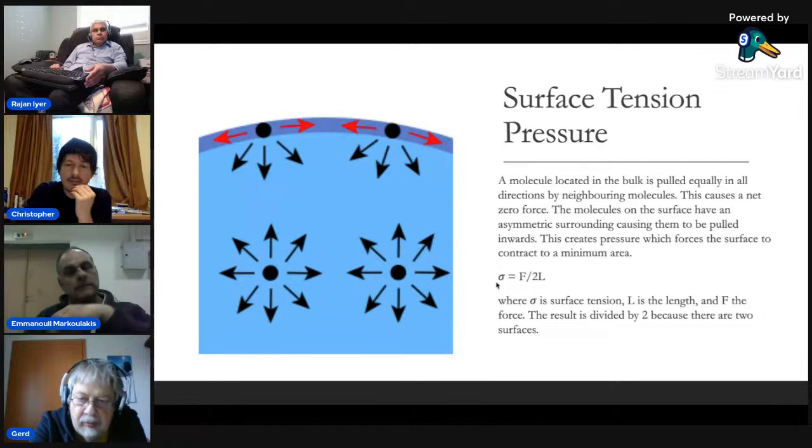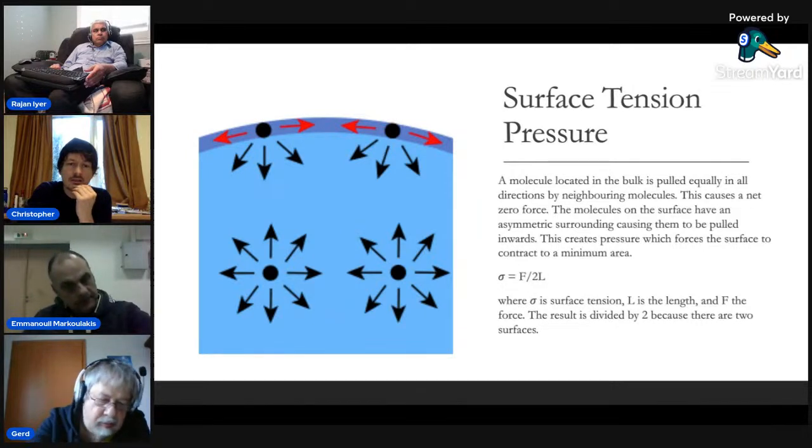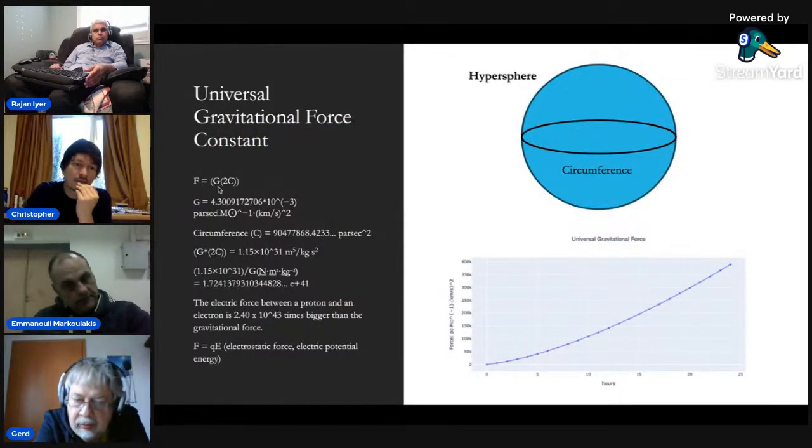Then we can rearrange this equation to get F equals G, which is the surface tension, times twice the length. And the length of a sphere is the circumference in this equation.